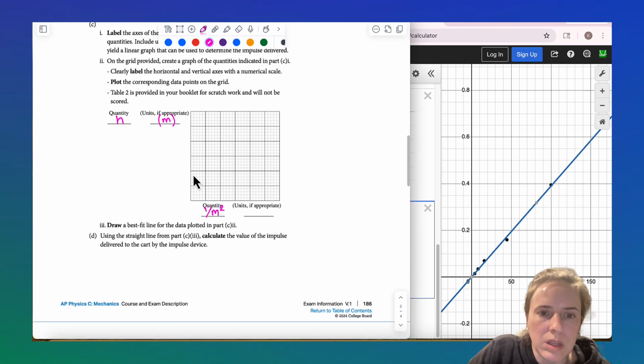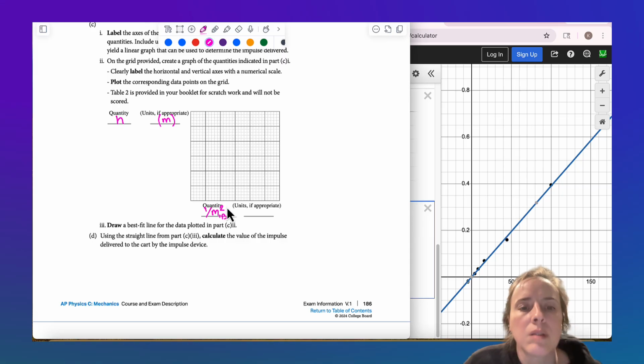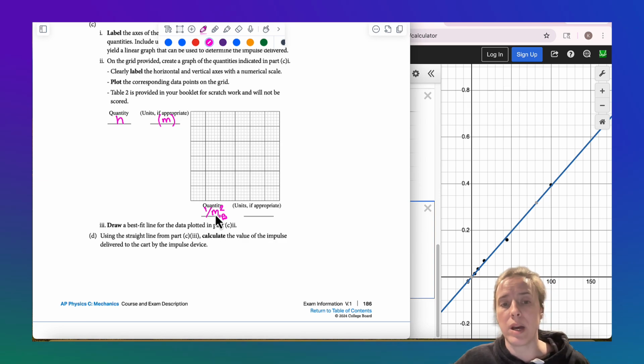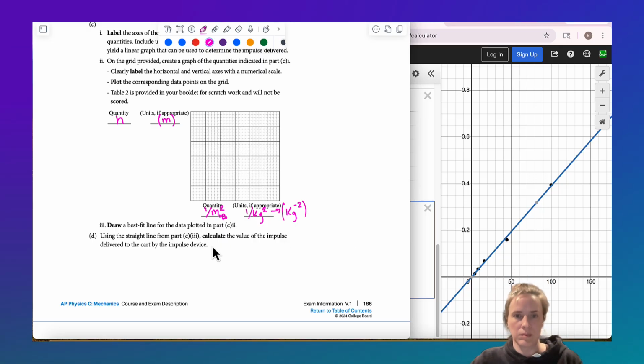M1B is technically what they called it. So let's make sure we get that M1B on there. So my mass is measured in kilograms. If I'm doing 1 over mass squared, that's going to be 1 over kilograms squared, or you can say kilograms to the -2, which is also fine. Okay, all right, so that's what we're going to graph.